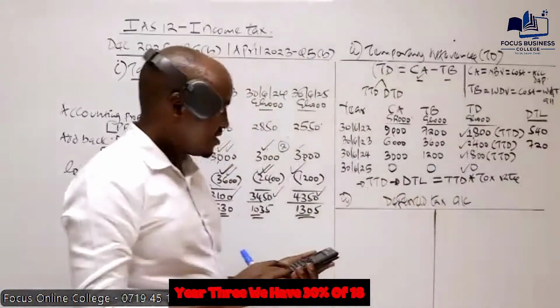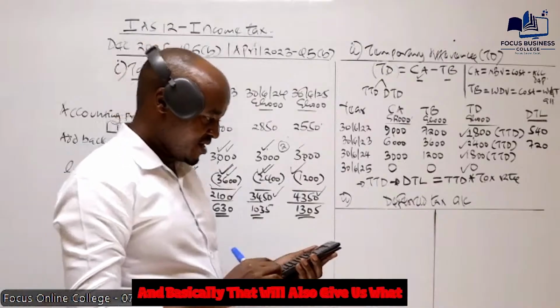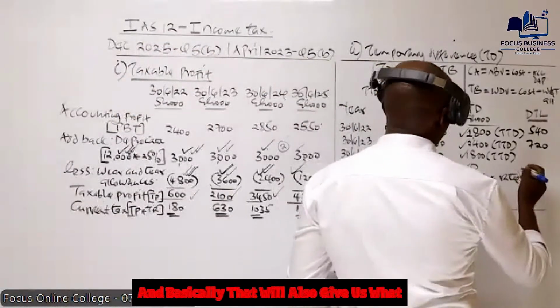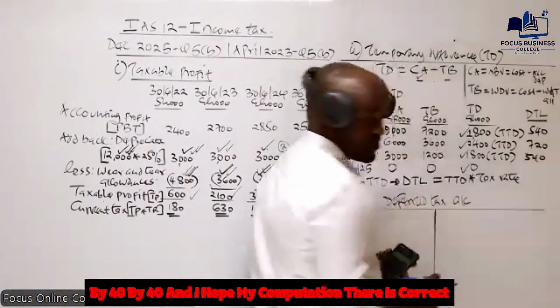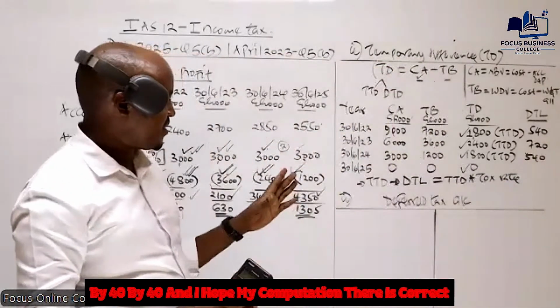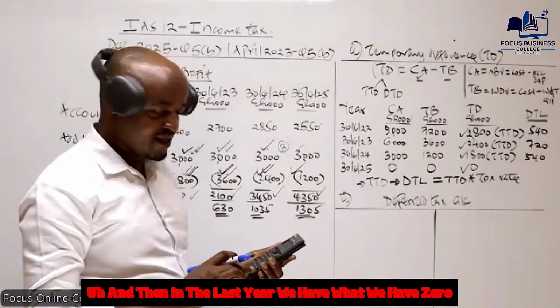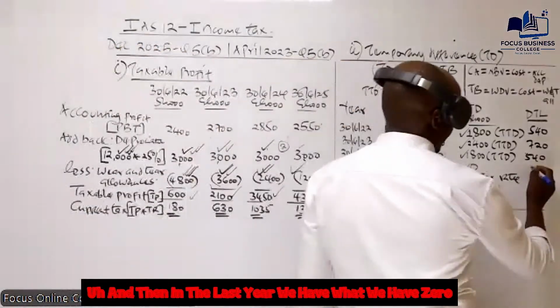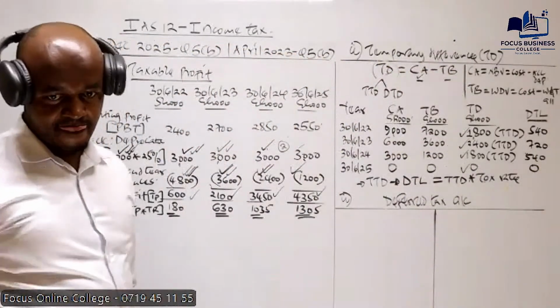Year 3, we have 30% of 1800, which will also give us 540. I hope my computation there is correct. And then in the last year, we have 0.